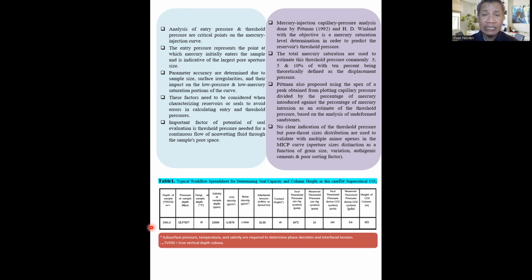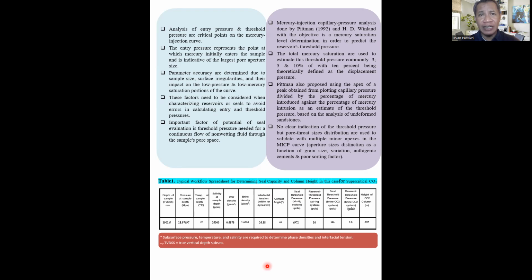The table includes various parameters such as sample depth, pressure, temperature, salinity, CO2 density, brine density, IFT, contact angle, shale threshold pressure in air-mercury and brine-CO2 systems, and also reservoir threshold pressure, brine-CO2 system. This spreadsheet helps in analyzing and predicting the behavior of seal in the presence of supercritical CO2 by considering the relevant factors.